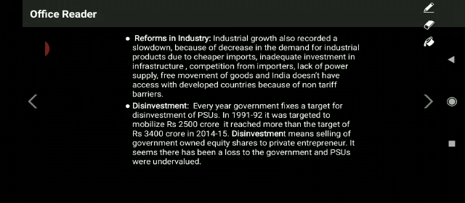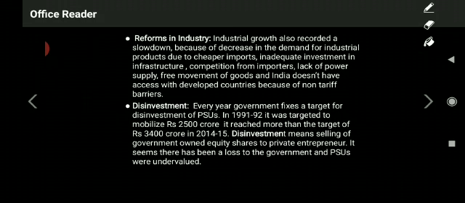Do you know what the meaning of disinvestment is? Disinvestment means selling of government-owned equity shares to private entrepreneurs. It seems there has been a loss to the government and public sector undertakings were undervalued. It means, what?